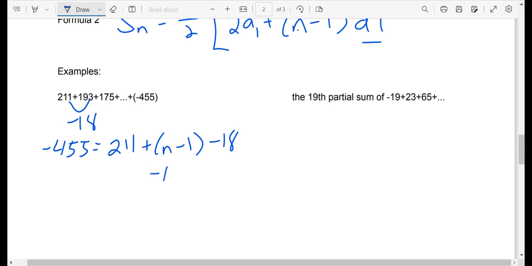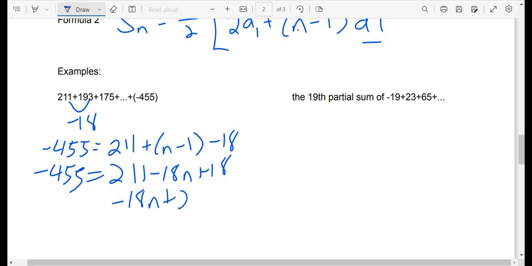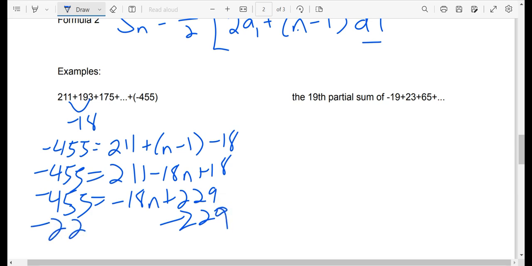So if I distribute negative 18n plus 18 to 11, and we are going to combine, and we're going to get 229 there, 255, subtract 229, and then I'm going to get negative 18n equals what?